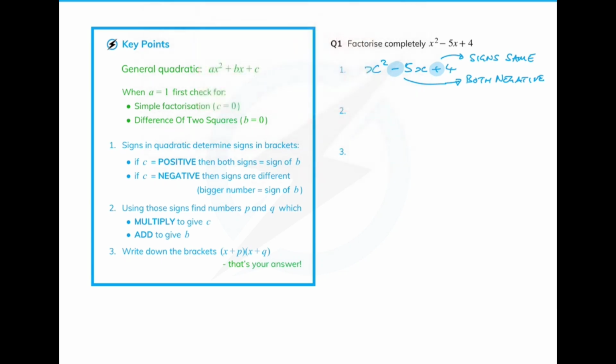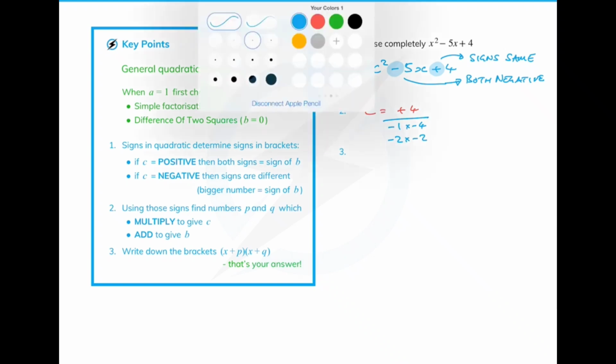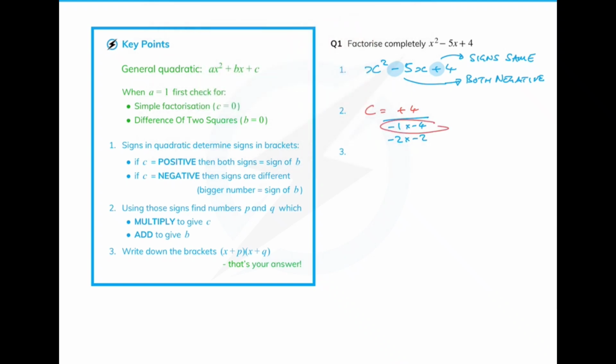So let's write that down. So c is equal to plus 4, and we know, as we say, that both numbers will be negative, and so we've got two choices: minus 1 times minus 4, or minus 2 times minus 2. And we just look to see which add together to give 5, or minus 5, and it is those two which add together to give minus 5.